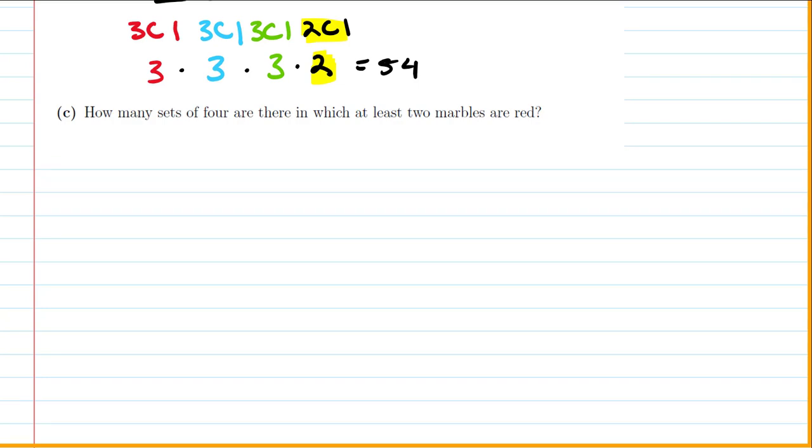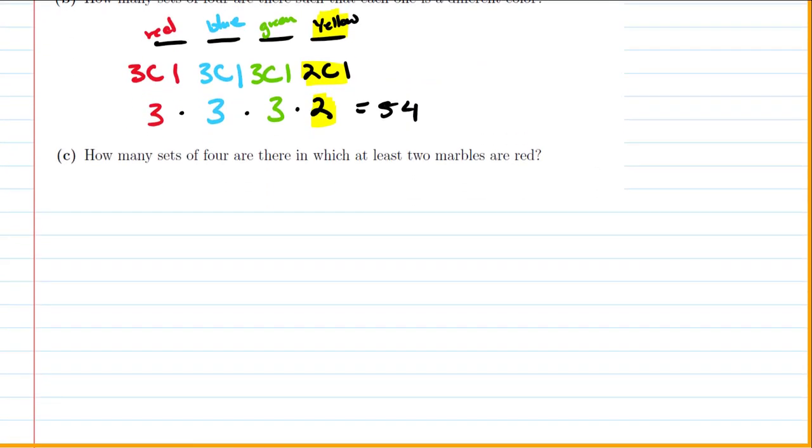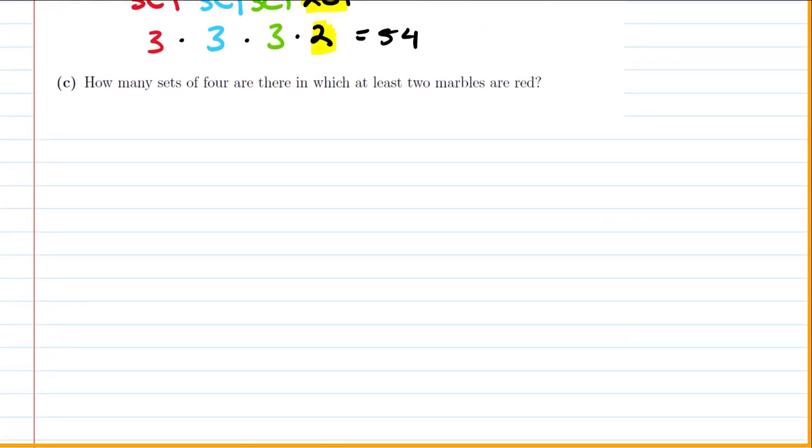So we have to be a little bit careful with the words at least 2 of the marbles are red. So if at least 2 of the marbles are red, that means I could have 2 red marbles, or I could have up to my maximum, there's only 3 red marbles, right? So then, how are we going to have to count each of those?